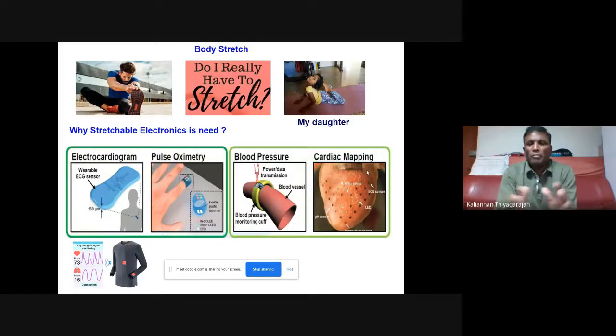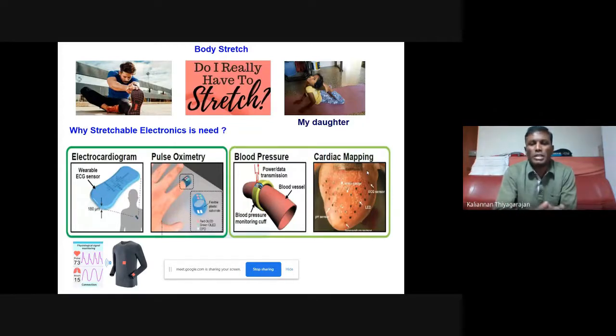Similarly, if you have a stretchable electronic device that can work like your body skin, then you can directly detect problems and use the signal.